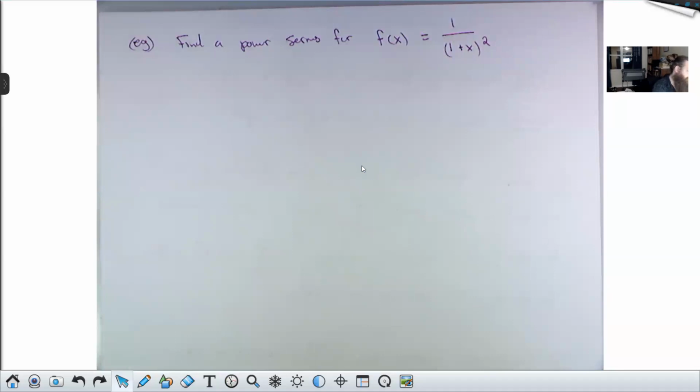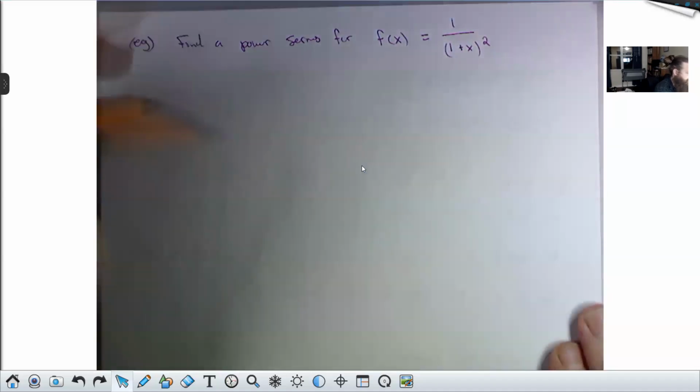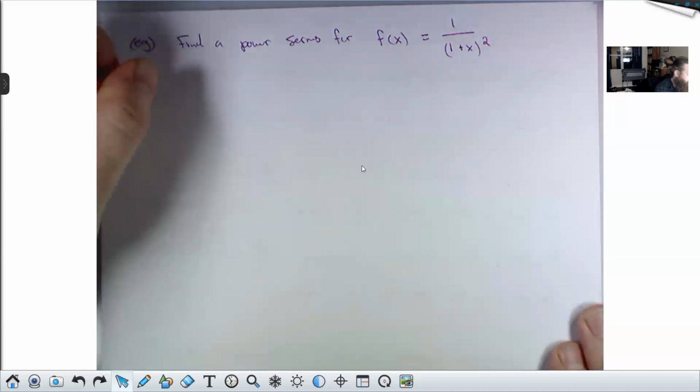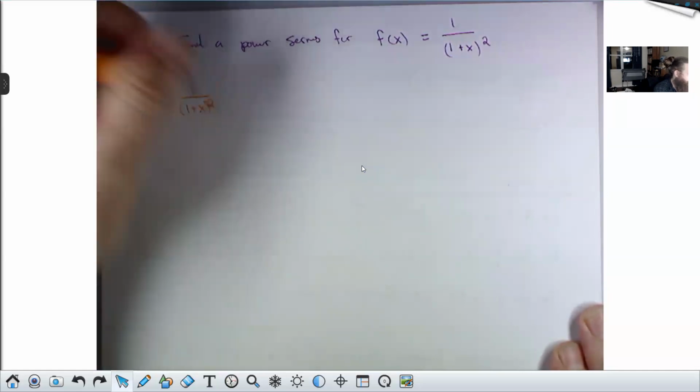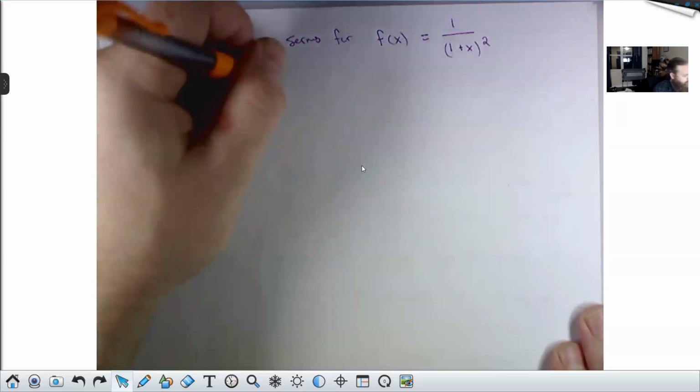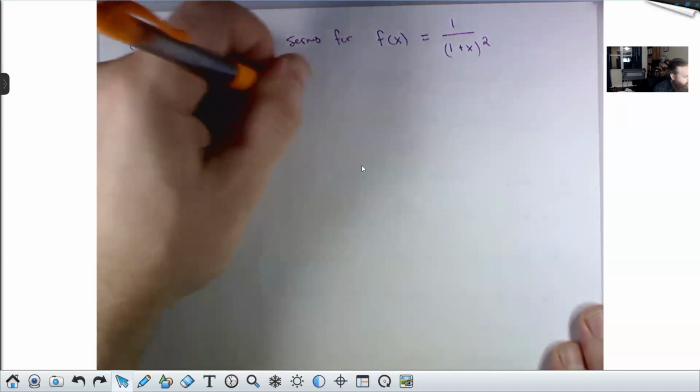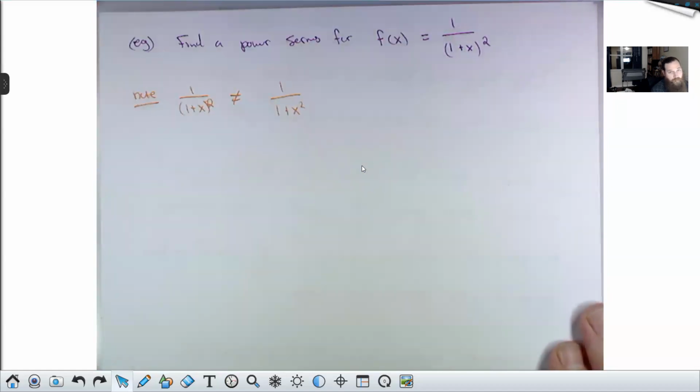First, a comment. One over (1 plus x) quantity squared is not the same as 1 over 1 plus x squared without the parens. Those are not the same. You cannot use this series here.